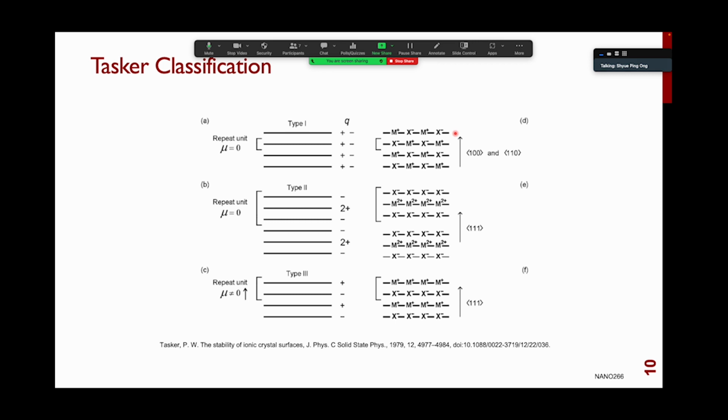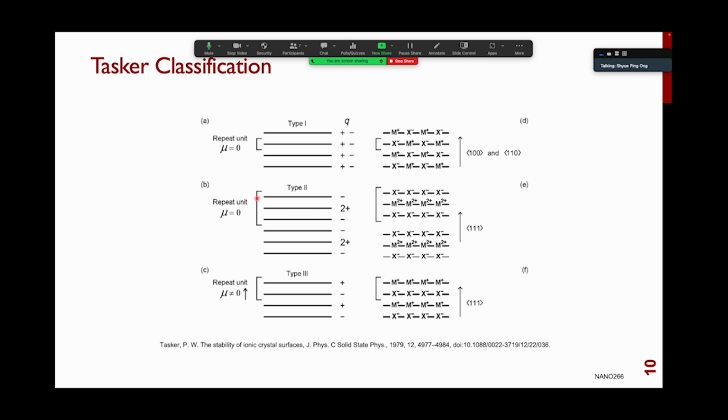So overall, your surfaces are charge neutral, right? And these are basically what I call Tasker 1 type surfaces. Okay, and if you encounter these kind of surfaces, good for you. This is one of the easiest surfaces to consider because there's no worry about long range electrostatics, because overall every single layer of your crystal is going to be charge neutral, right?